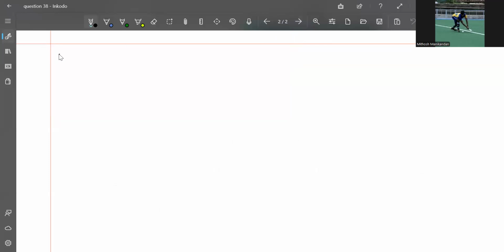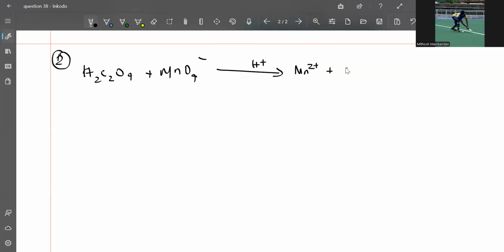Next, you have the second case, oxidation. H2C2O4 plus MnO4 minus in H plus, since it's an acidic solution, gives Mn2 plus and CO2. I'm not balancing or anything. We know the n factor is 2, and the n factor of MnO4 is 5.